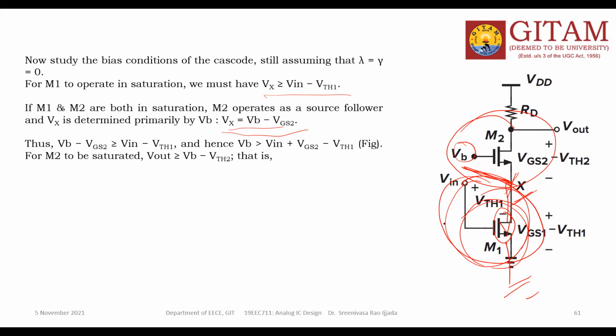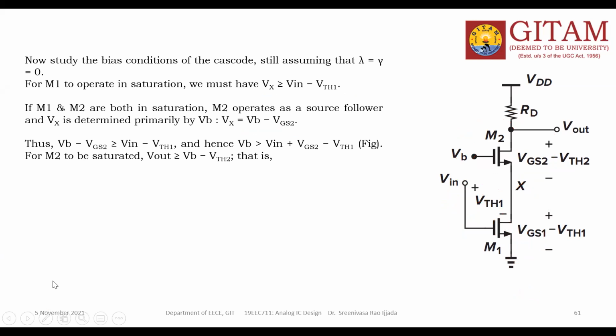Simply, Vx is equal to Vb minus Vgs2. Fine? If it's fine, then I will go for the next statement.